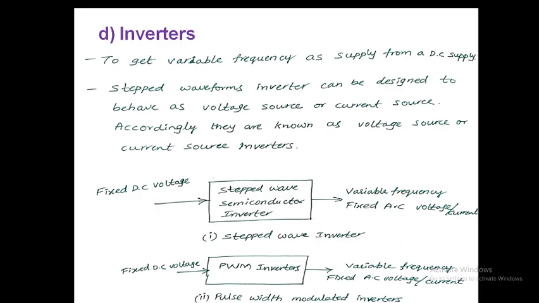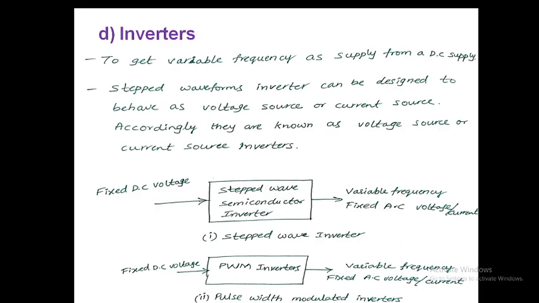To get that, a stepped waveform inverter can be designed to behave as a voltage source or current source. Accordingly, they are known as voltage source inverter or current source inverter.